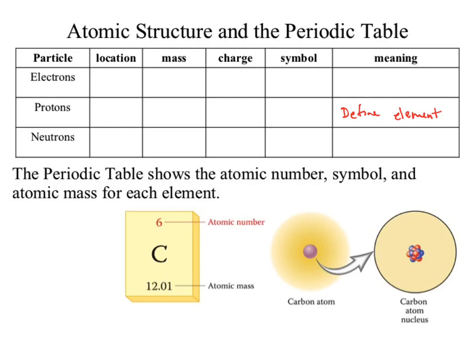I'm going to fill in because, again, London was already starting on this. Said it was a positive. So if I looked at a carbon atom, just on its own, normal, happy carbon, that carbon atom would have 6 protons. What would its charge be?